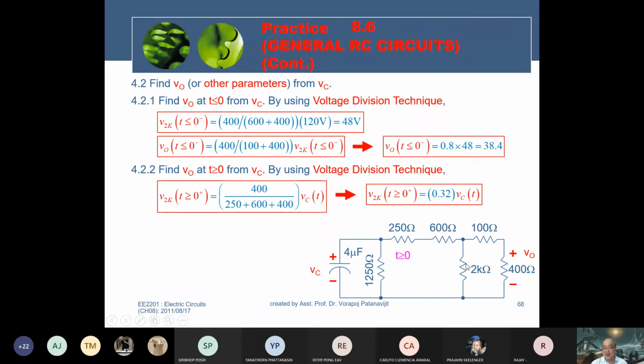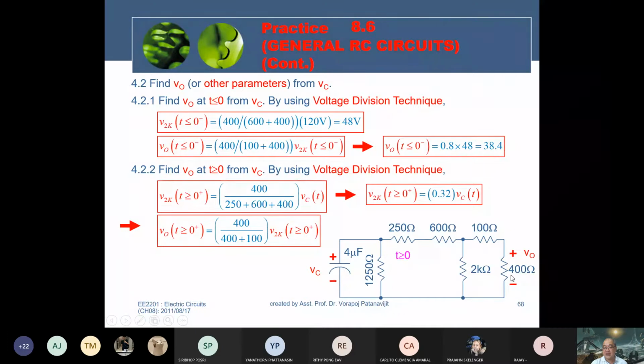After you get V2K, you can determine VO. Use the voltage divider again, splitting the voltage across 2K into two parts: one is the voltage across 100 ohm, another is the voltage across 400 ohm. Therefore, VO equals V2K multiplied by 400 over the sum of them, 400 plus 100.